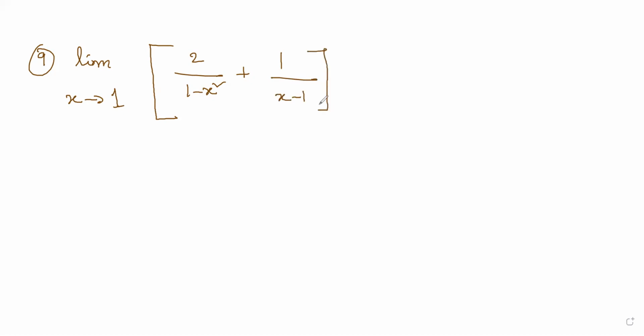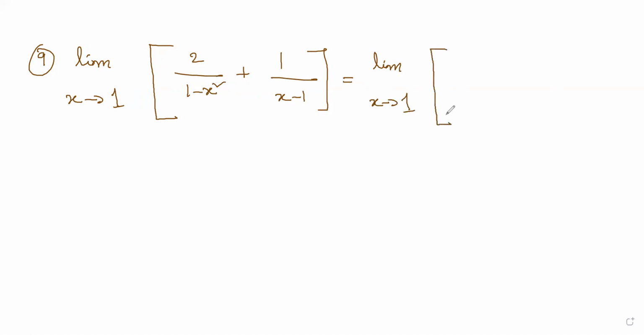Now, when I substitute 1 in this limit, I get infinity. So as it is, the limit is not defined at x equal to 1. But we have to see some jugglery, and let's see whether we can remove the hurting term by adding up these fractions. So how to deal with this one: I'll write limit x tends to 1.